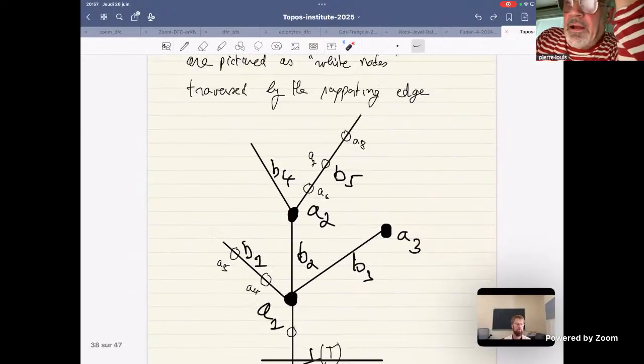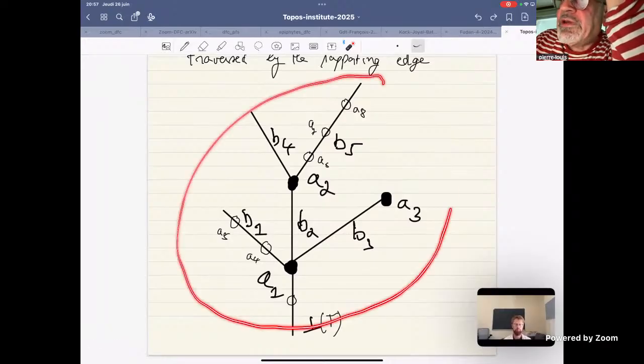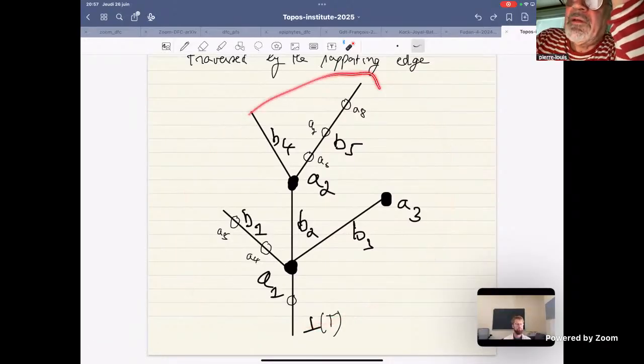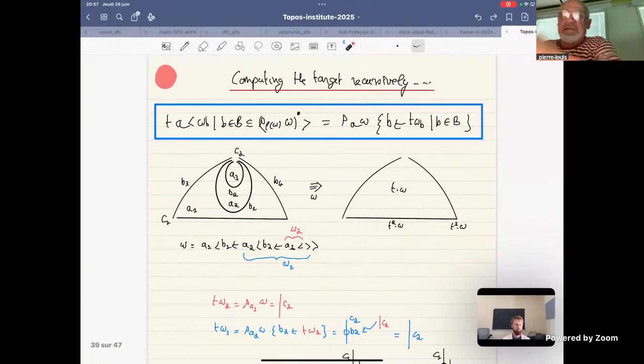So now I will finish the talk with this. We have to carry now information of this kind into the whole pictures.